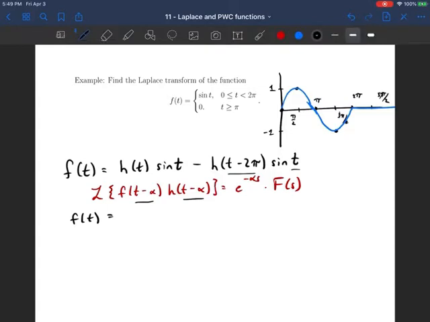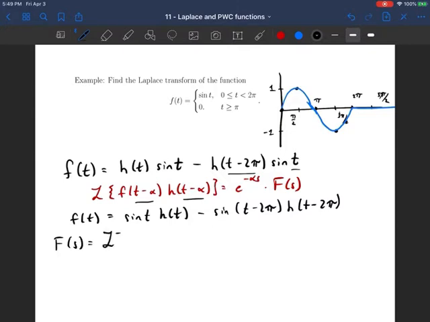It's the same function. Well, let's write it so it matches up with the form of the formula. f of t is equal to sine of t h of t minus sine of t minus 2 pi, which is the same as sine of t, times h of t minus 2 pi.